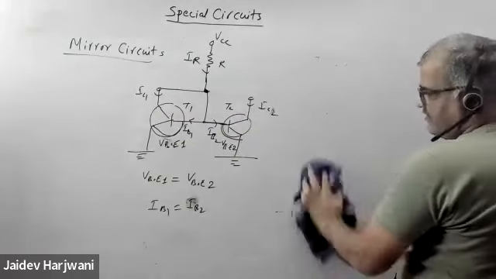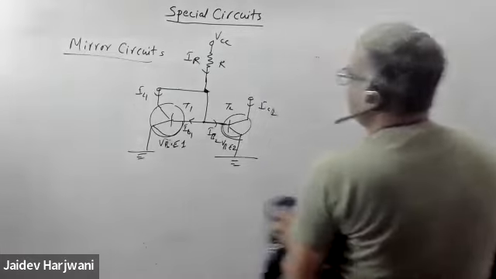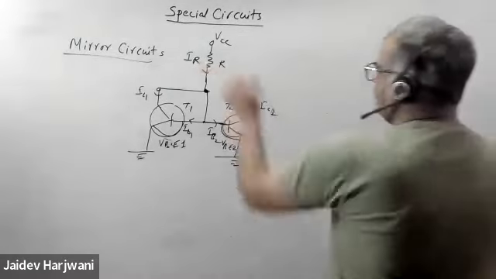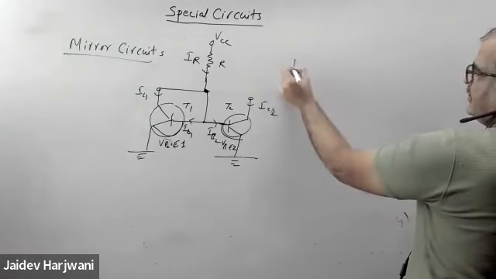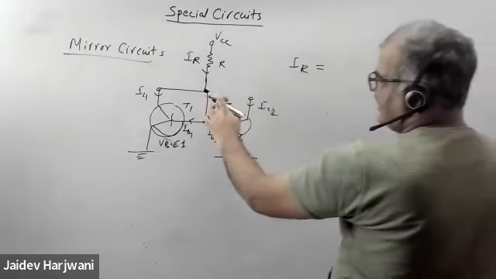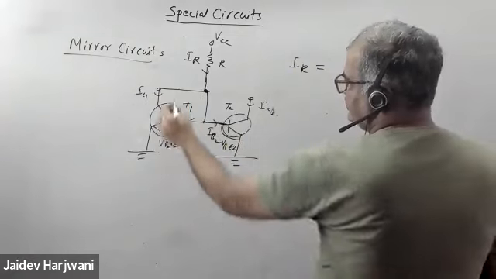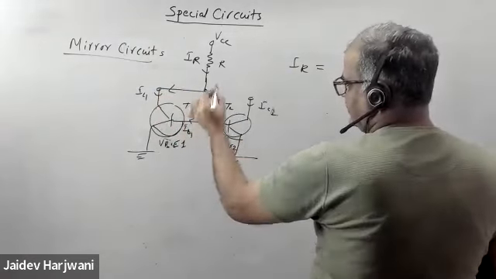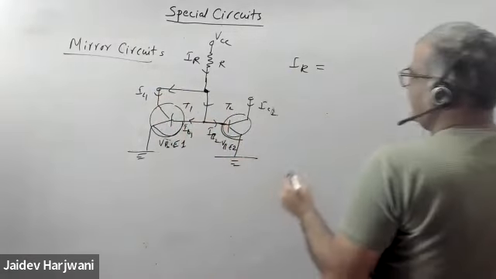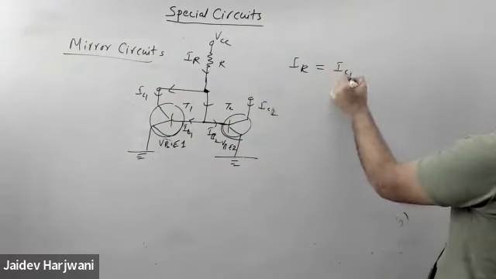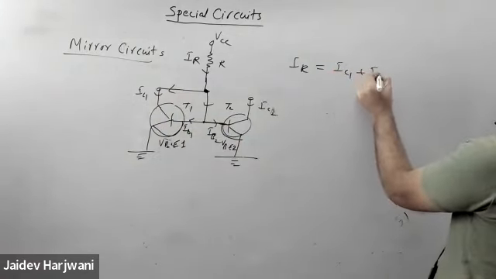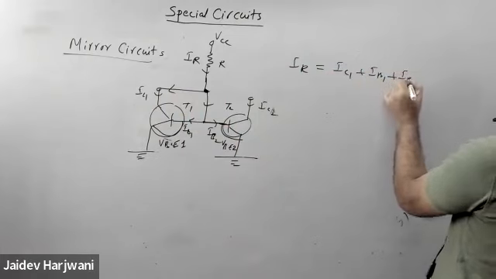Suppose you have this kind of circuit, so the current flowing is IR in the circuit, and this IR gets divided. One current is going here, and the other remaining current is going here. So you can write IR is basically IC1 plus IB1 plus IB2.